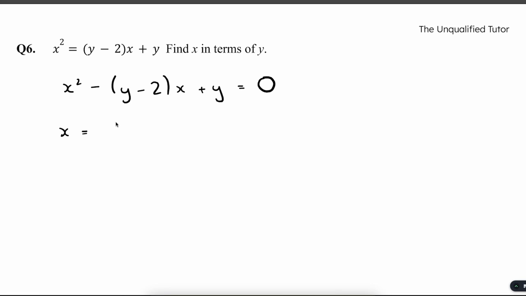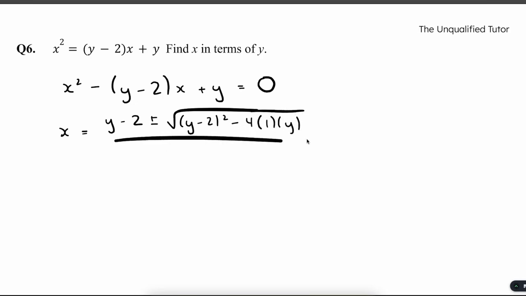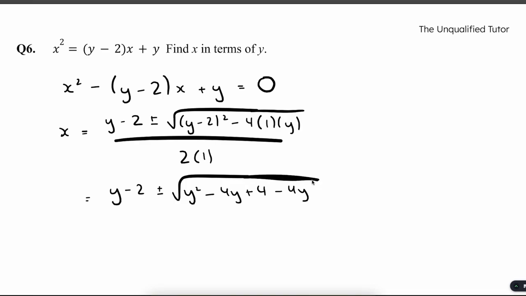So x equals minus b, which is y minus 2, plus or minus the square root of b squared minus 4ac, all over 2a. So that's y minus 2 plus or minus the square root of y squared minus 4y plus 4 minus 4y, all over 2.